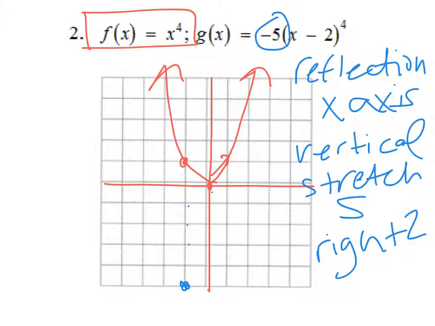And then we also see that it moved to the right 2, and so we know it would be over 2. And our other point would be at 2, negative 2. And there's our new function.